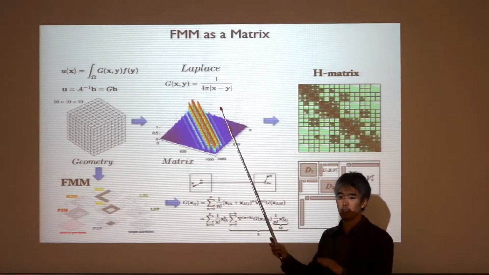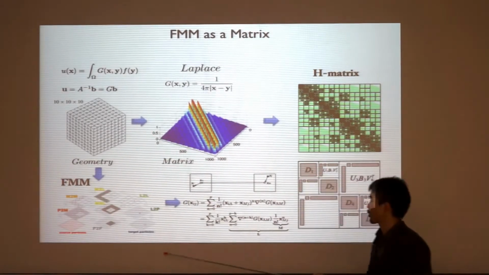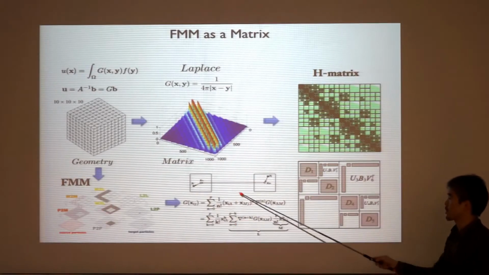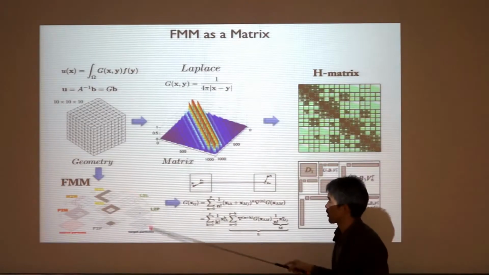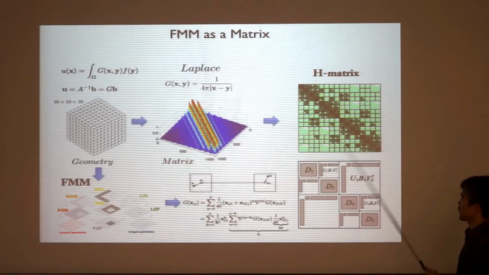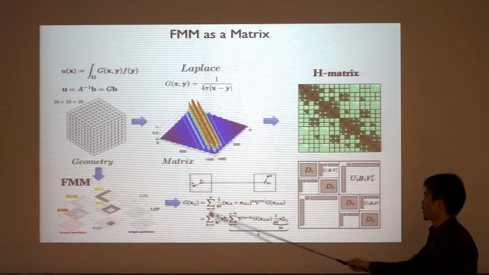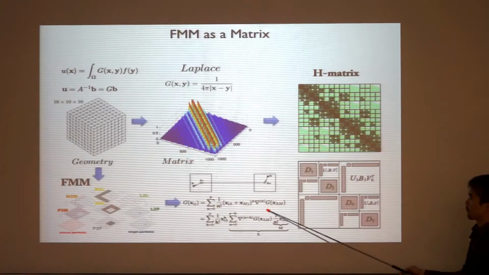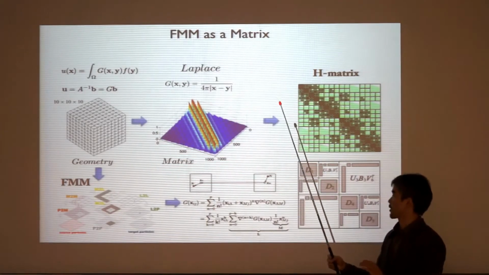So now you see the correspondence between what we've been doing with the fast multipole method, both in terms of the mathematics and also in terms of the picture, the geometry, what it looks like as a matrix, and what this multipole expansion and local expansion meant if you were to do it as a matrix. So there's a one-to-one correspondence.